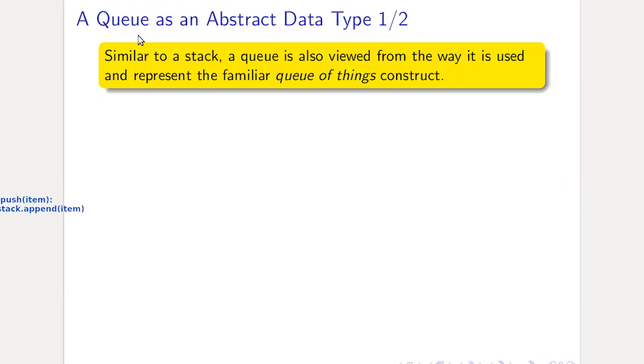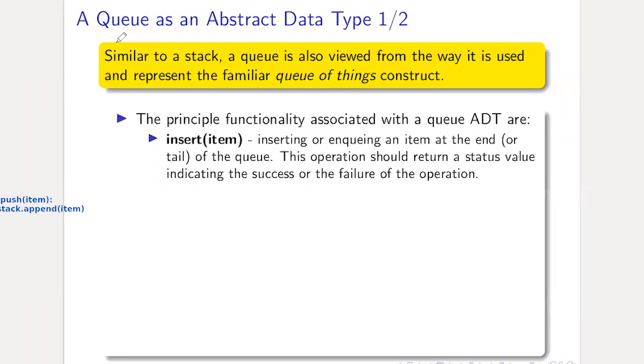In Sri Lanka, queues sometimes tend to be operated a bit differently, but in our queue data structure, that is the construct we have. So similar to the stack, the principal functionality would be to insert an item at the tail end of the queue.